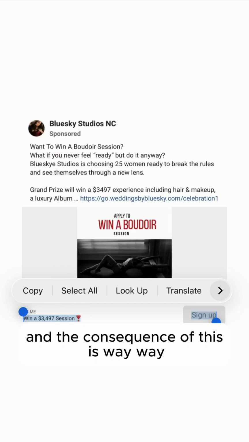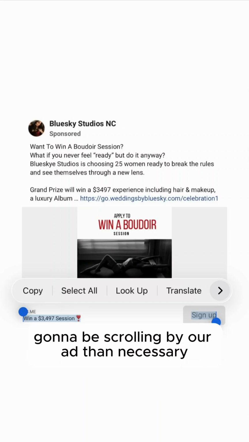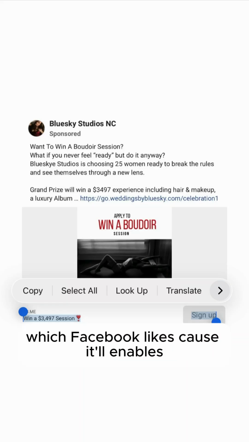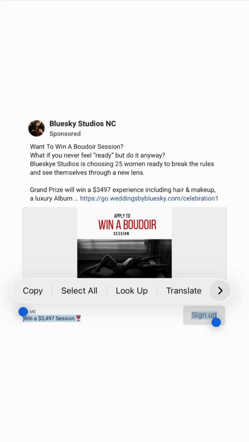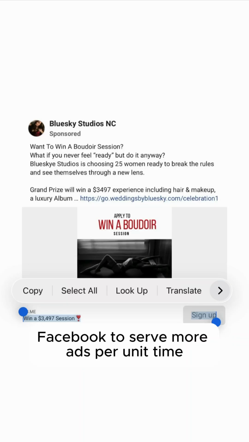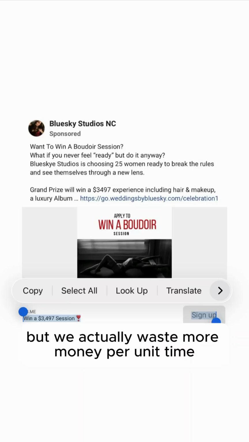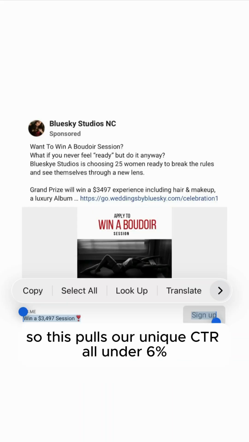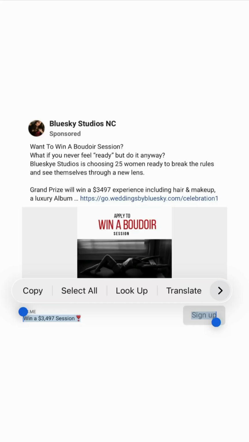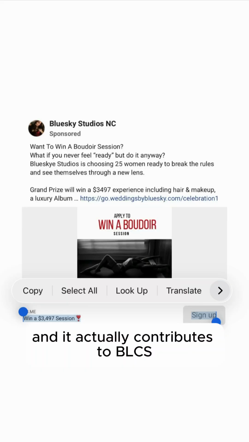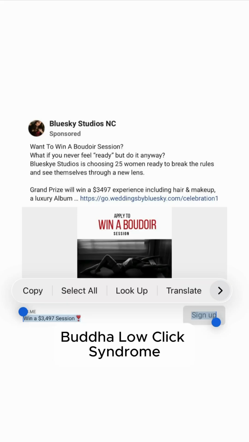The consequence is way, way, way more women going to be scrolling by our ad than necessary, which Facebook likes because it enables Facebook to serve more ads per unit time and make more money per unit time, but we actually waste more money per unit time. So this pulls our unique CTR under 6% and contributes to BLCS, Boudoir low click syndrome.